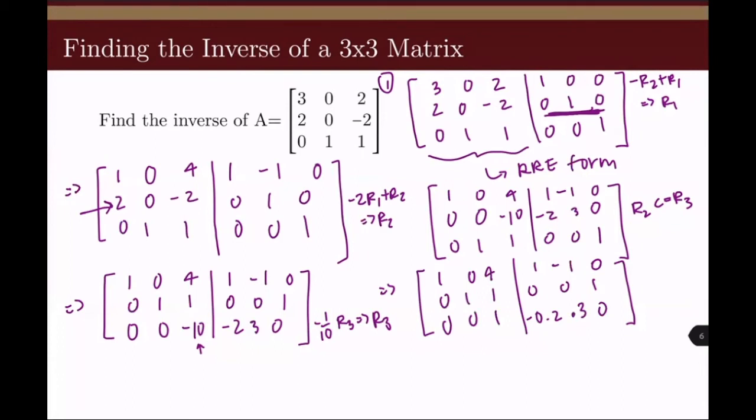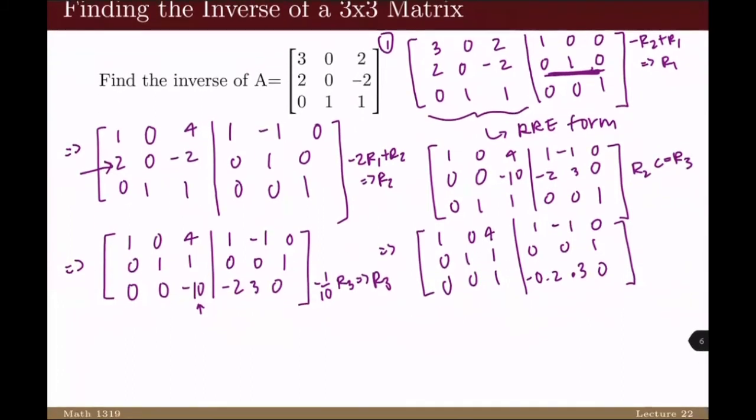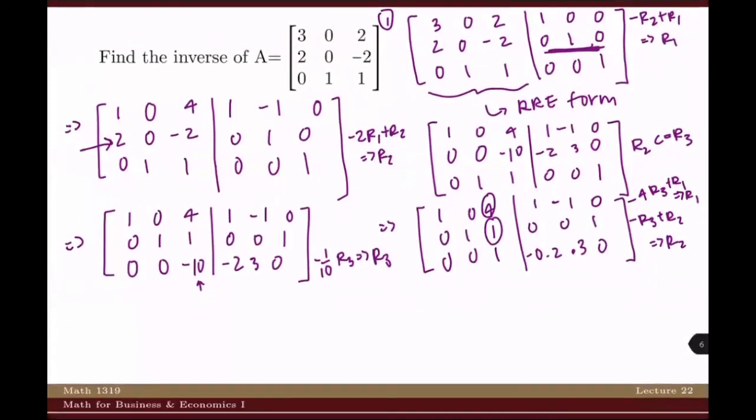All right, now I'm going to use my row 3 to cancel out the numbers in the third column on rows 1 and 2. So I'm just going to do negative row 3 plus row 2 gives me my new row 2. And then it's going to be negative 4 row 3 plus row 1 is going to give me my new row 1. So that means I will have, so row 3 is not changing, so I'm just going to copy down row 3.